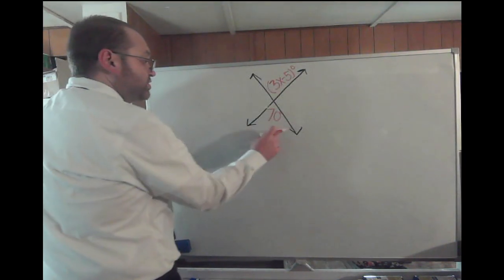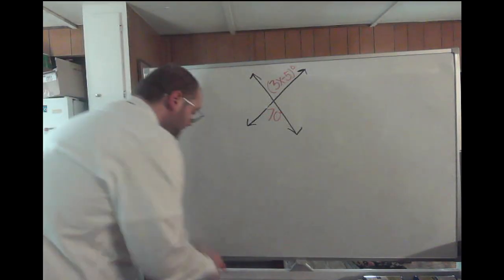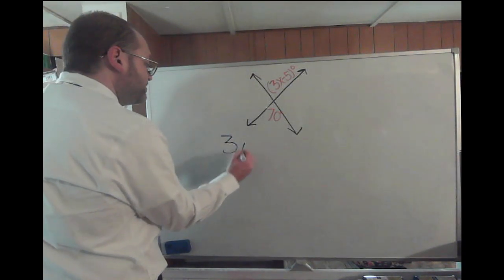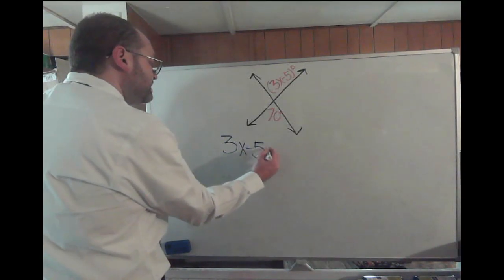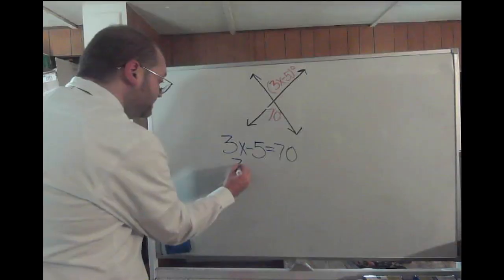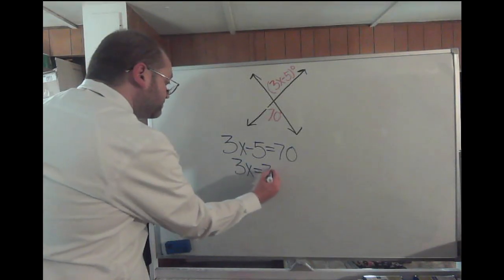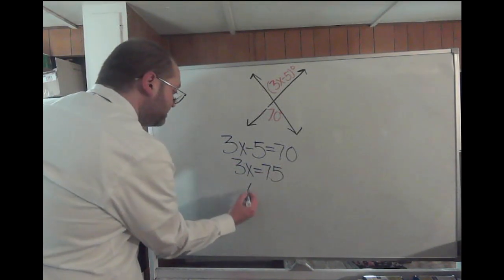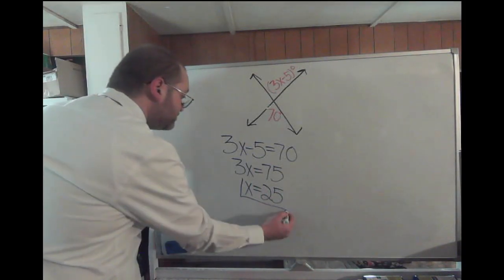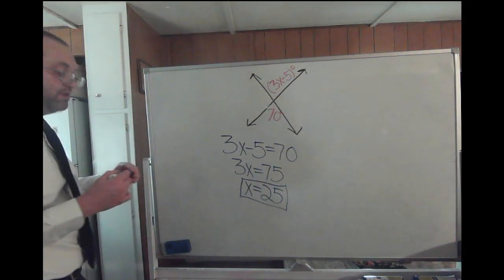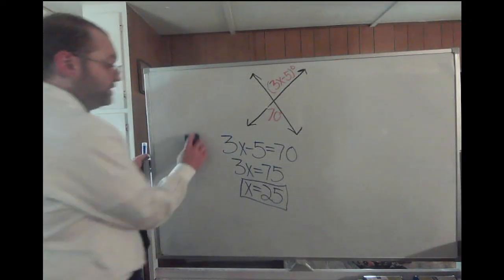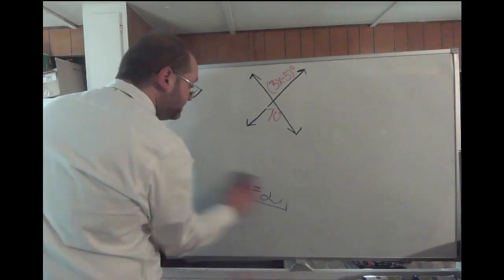If these 2 angles are congruent, all you need to do now is simply set one angle equal to the other. So you'll set 3x minus 5 equal to 70. We're going to solve for x, which means 3x equals 75, which simply means that x equals 25. So by doing that, we found the value of x to be 25. So yes, this is where algebra does come into geometry.